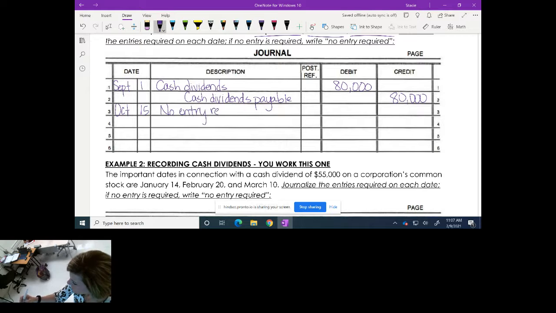It's more of a record of who owns the particular shares of stock. All right, so our payment date is November 1. And so we'll debit our liability and credit cash. So this one's pretty easy.